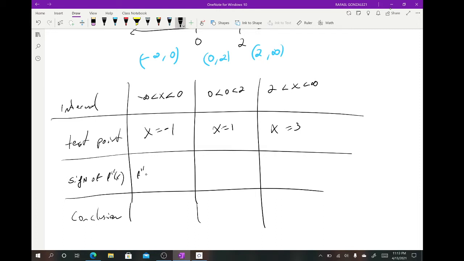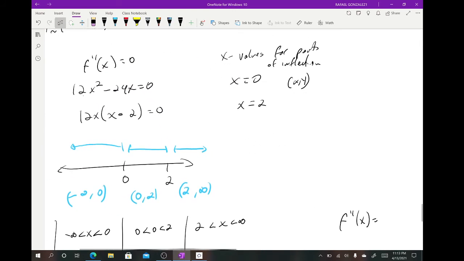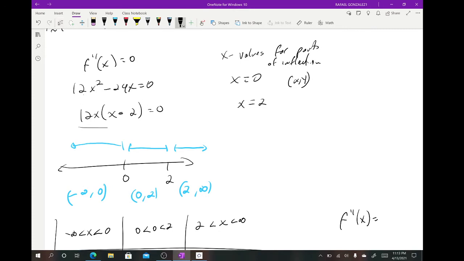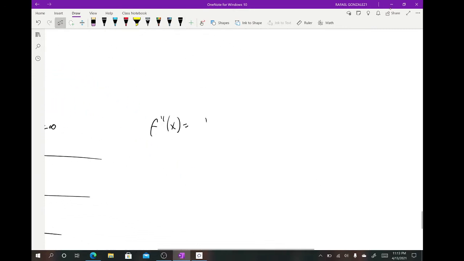Now we have to find f double prime of minus 1, f double prime of 1, and f double prime of 3. I'm going to do this on the side. Remember that f double prime of x was equal to 12x, and I'm going to use the factor version, so 12x times x minus 2.